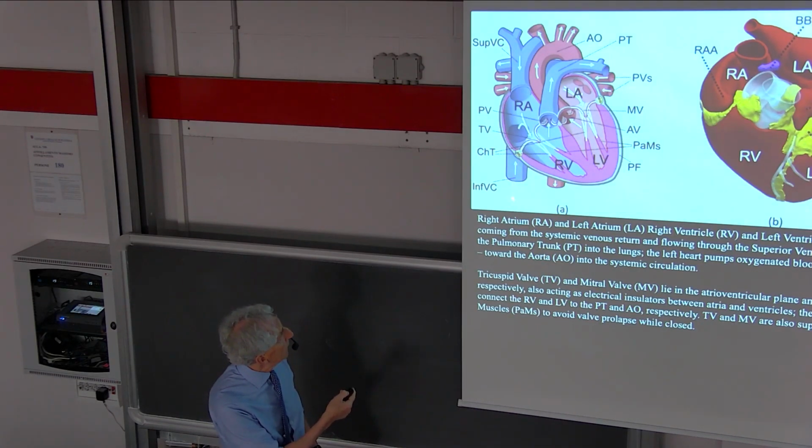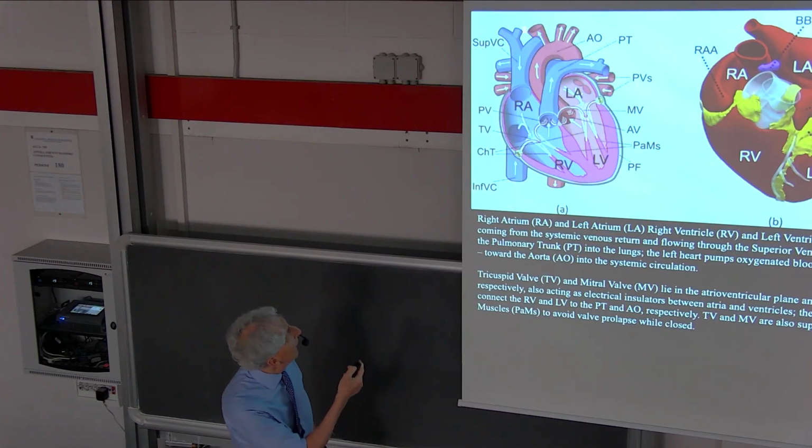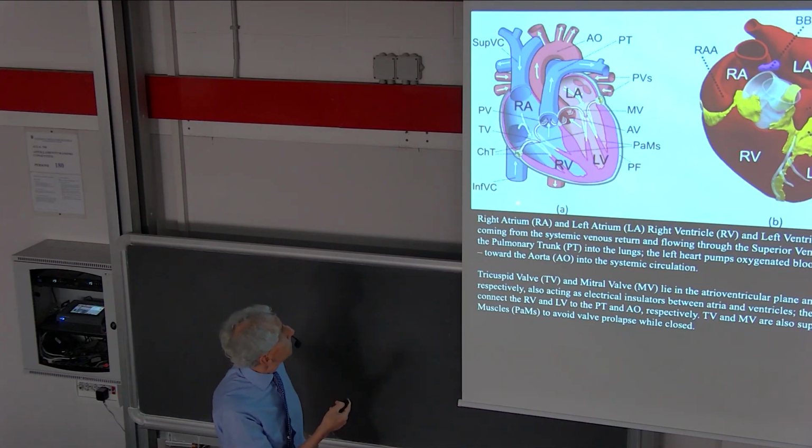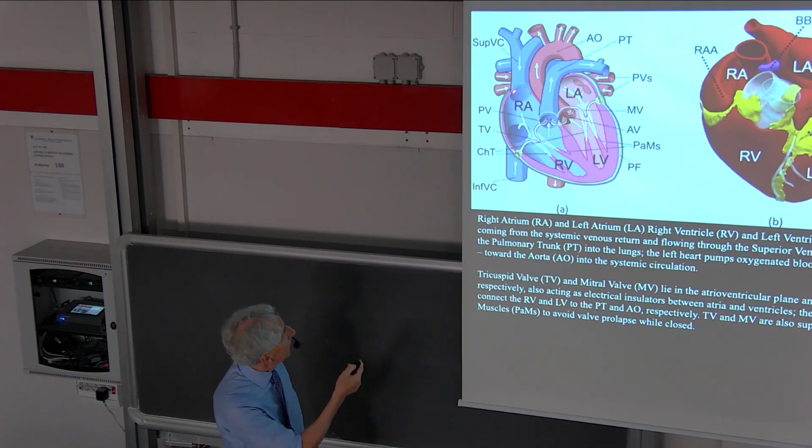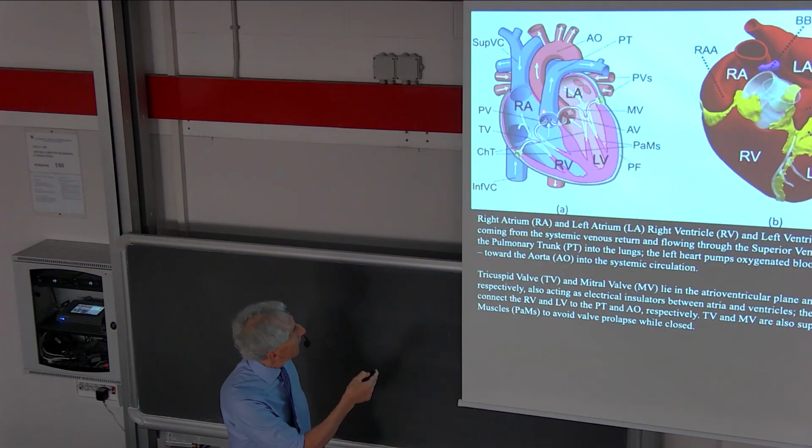The venous blood comes from the body through the vena cava, the inferior and the superior vena cava. It enters into the right atrium. Then there is this valve that opens and allows this blood to enter into the lower part, which is the right ventricle.